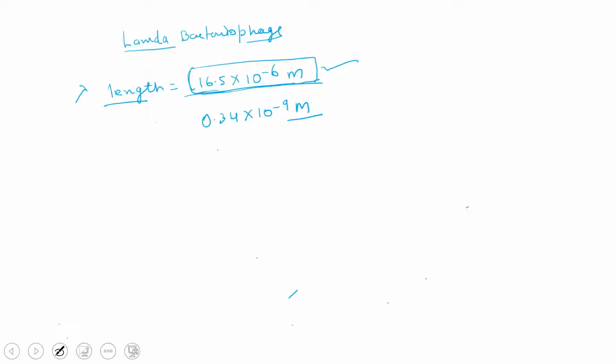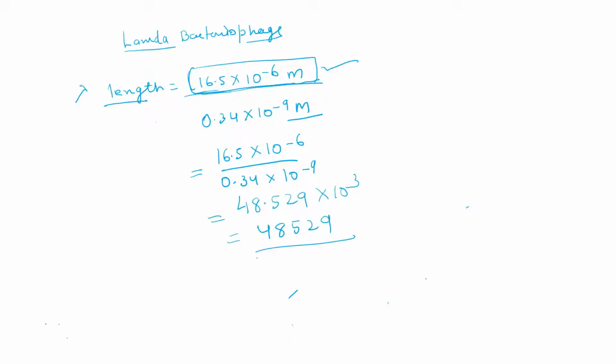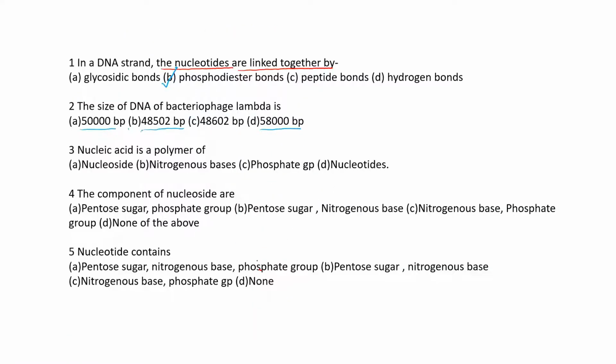You have to divide 16.5 into 10 to the power minus 6 by 0.34 into 10 to the power minus 9. Let's see which option will be the closest. This option is the closest one, so the right option will be 2. This is the correct answer.